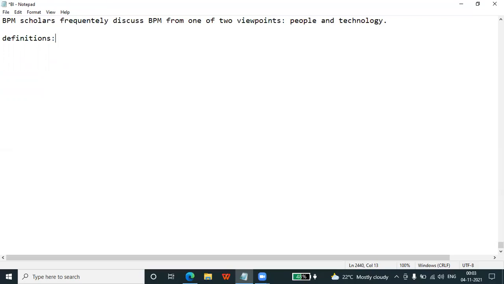That is clarity on strategic direction, alignment of the firm's resources, and increased discipline in daily operations.